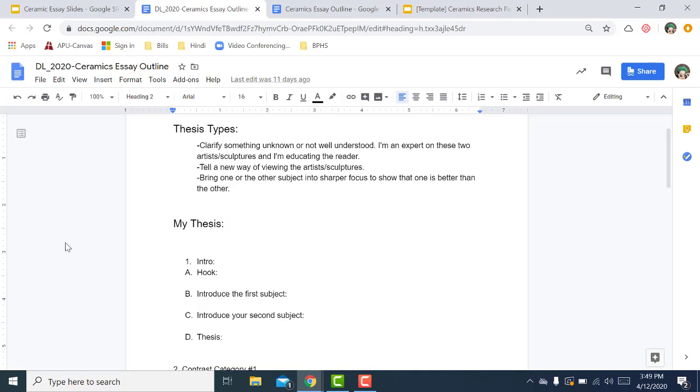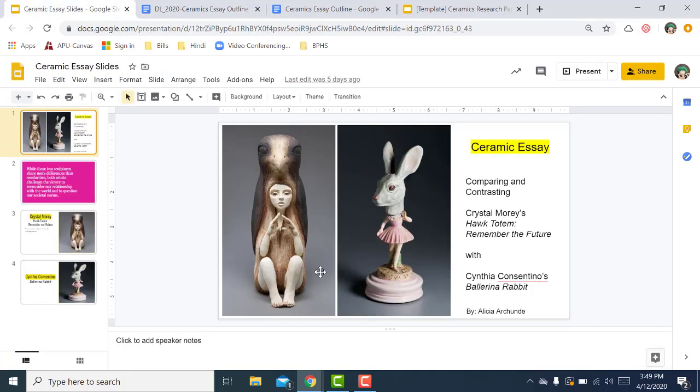If you have not done research on your artists or on your sculptures, and you're just doing what you see, this is really where you've got to go onto the web and start looking up ideas. Because just on the superficial level, I could pull a lot of similarities and differences by just looking at them.